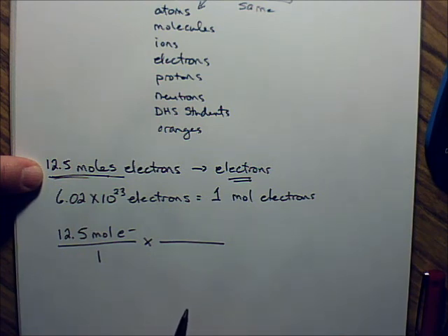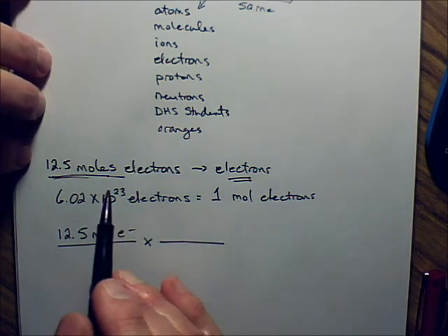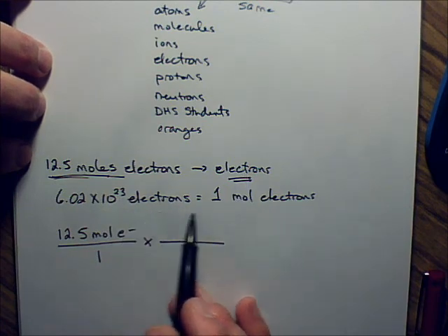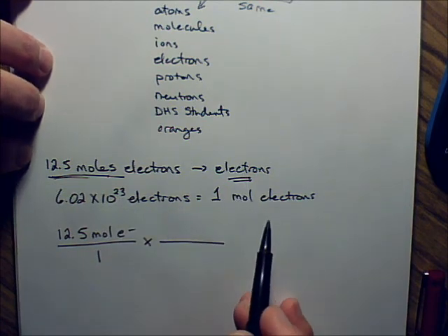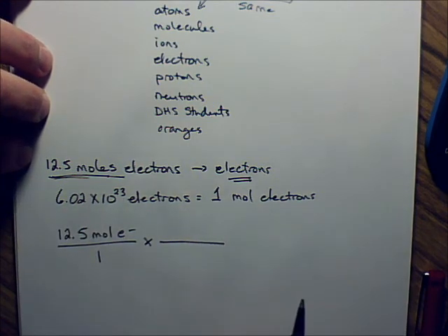Does that make sense? Okay, so look at this. Here's the equality statement we're going to need if we're going from some kind of particles to moles. If we're going from particles to moles, this is always the numerical values we need for this equality statement. So which side am I going to put on the bottom? The right or the left? The right side.